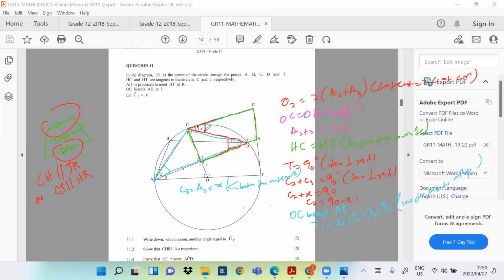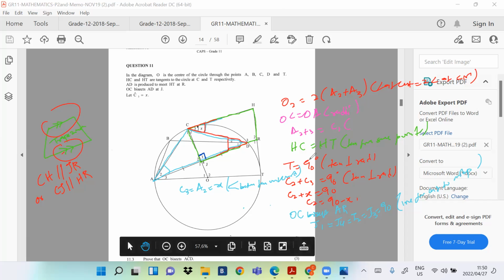And we did say that angle J3 is 90. Let me use another color. So this is 90, right?